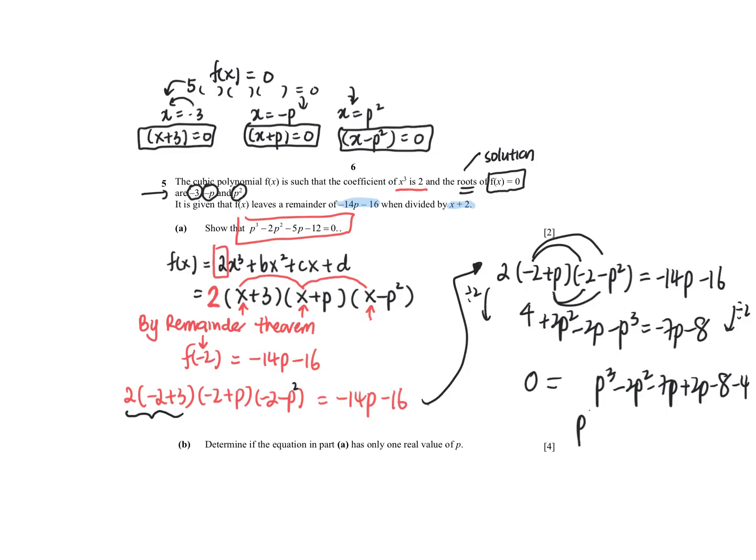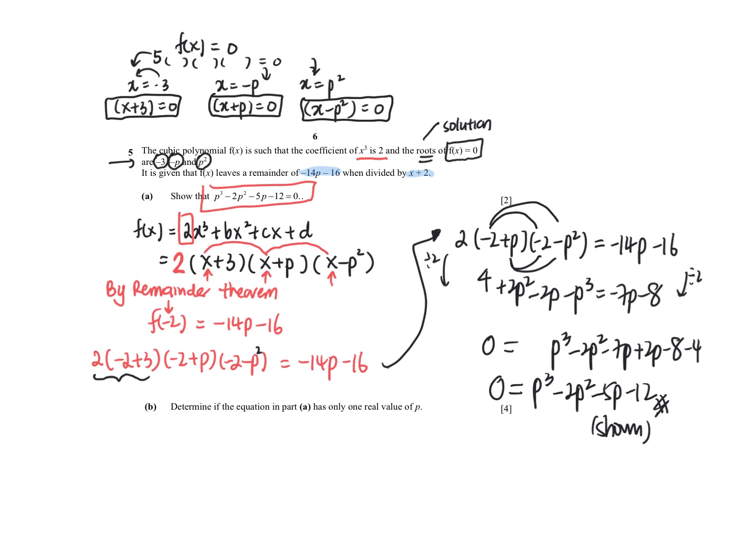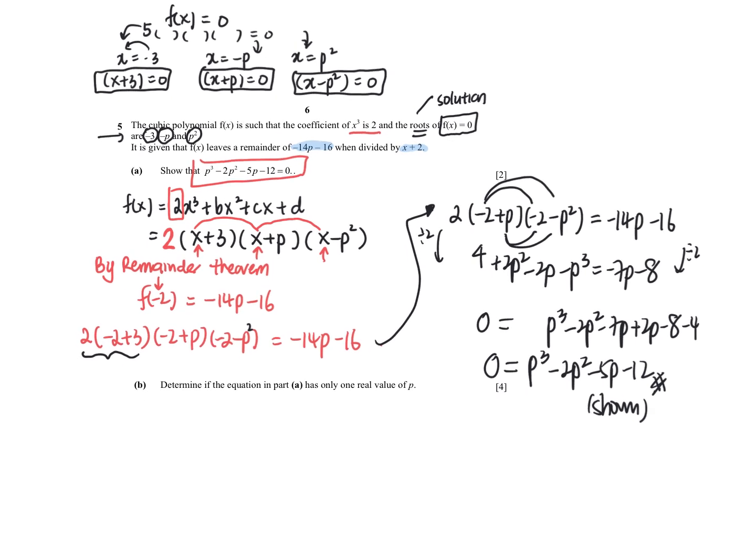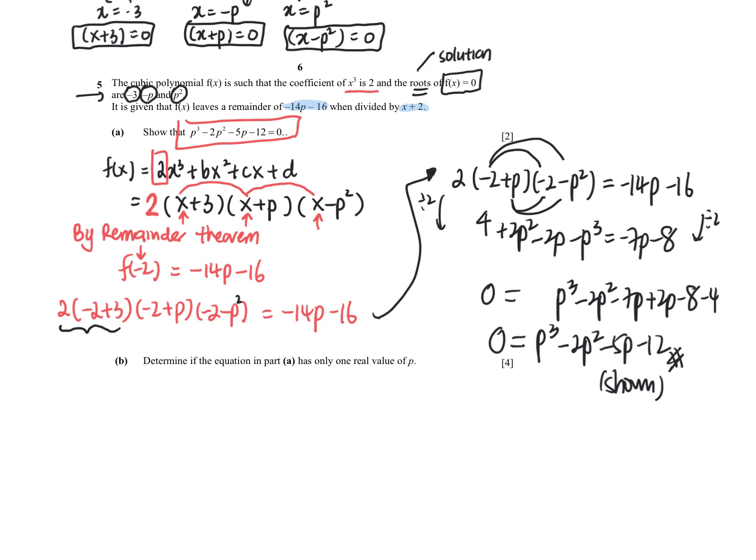So the final answer should be the one they ask you to show. Then you write shown. Okay, more tedious. But make sure you push through it. Don't leave any question blank.